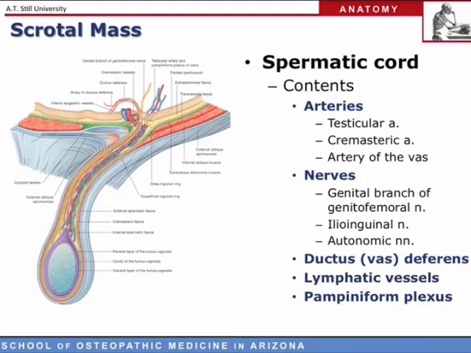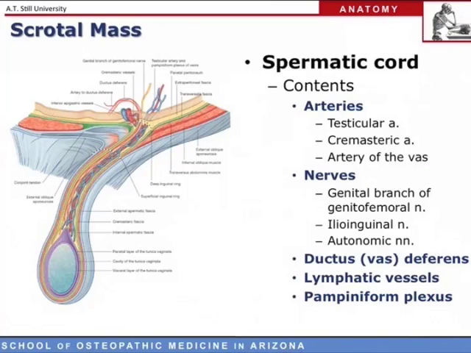Another is going to be the cremasteric artery, and the cremaster muscle is the muscle that is part of the covering of the spermatic cord and is responsible for the lifting of the testes. So we want to maintain that optimal temperature within the testes of 1 degree cooler than the body, but we don't want it to get too cold.